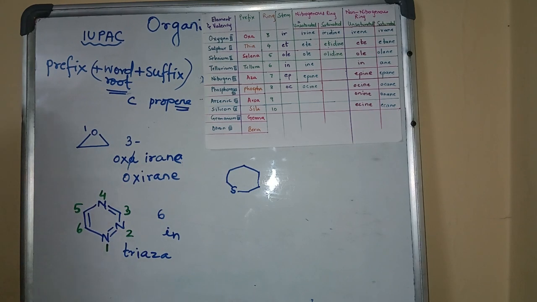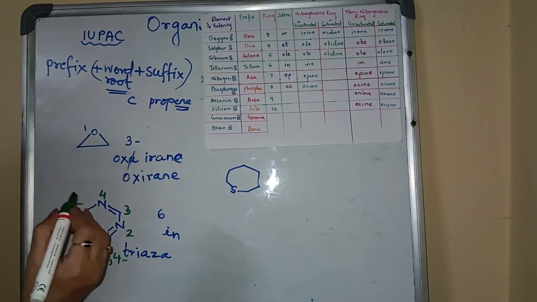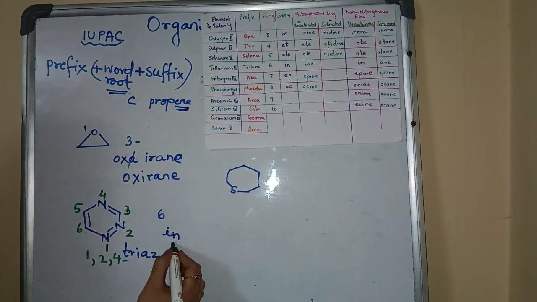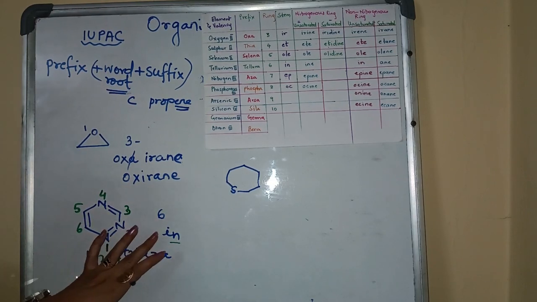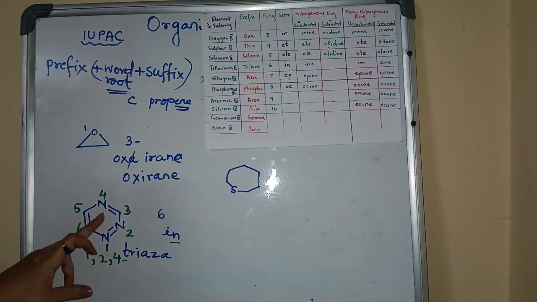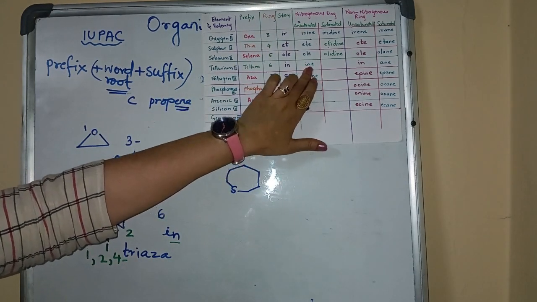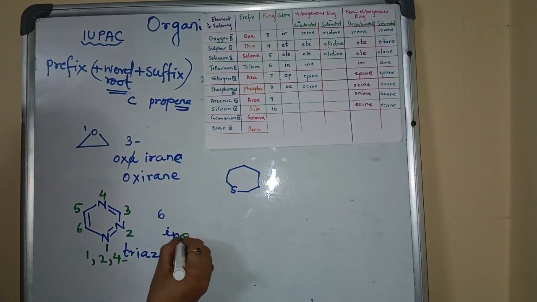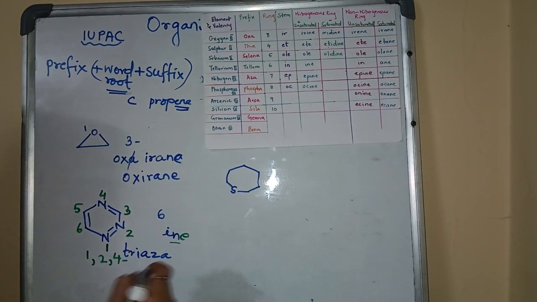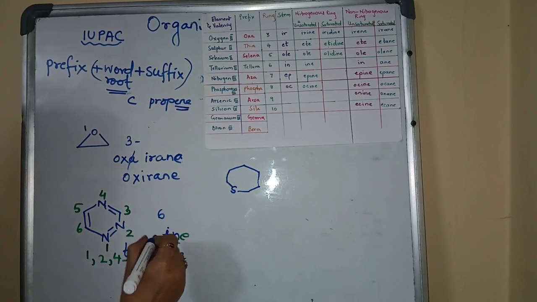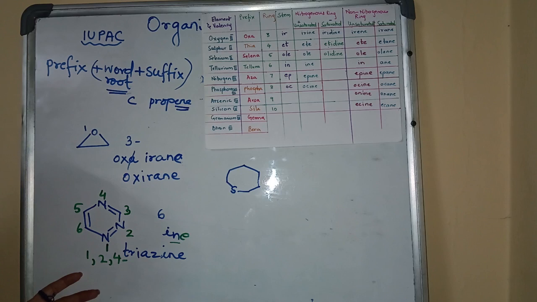So let us take 1, 2, 4, triaza. Now we have got the stem IN. These are unsaturated compounds. In this 6-membered ring we get the ending ine, I-N-E. So we will add it here, and our name is 1, 2, 4 triazine. Okay, this is our name.